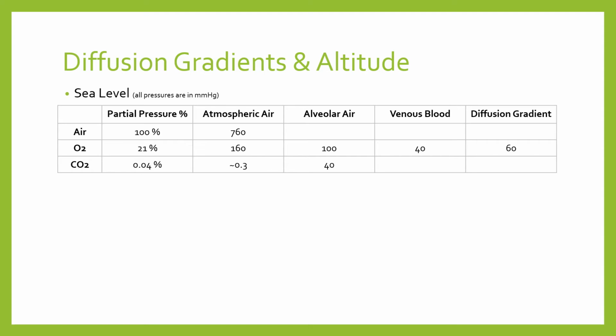That's a nice high diffusion gradient, which means it's relatively easy to transfer the oxygen from where it's at a high concentration in the alveoli into the bloodstream. With the carbon dioxide, the partial pressure in the alveolar air is about 40, and in the venous blood it's slightly higher because that carbon dioxide has been picked up as a consequence of respiration, and now we're at 46 millimeters of mercury in the venous blood. So that gives us a diffusion gradient of 6 millimeters of mercury.